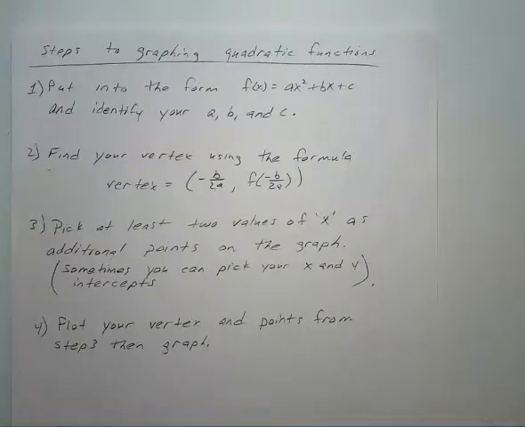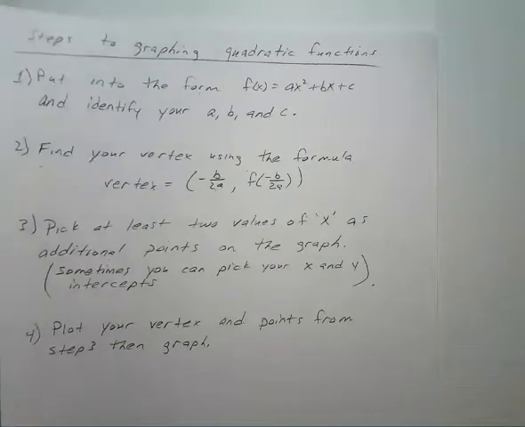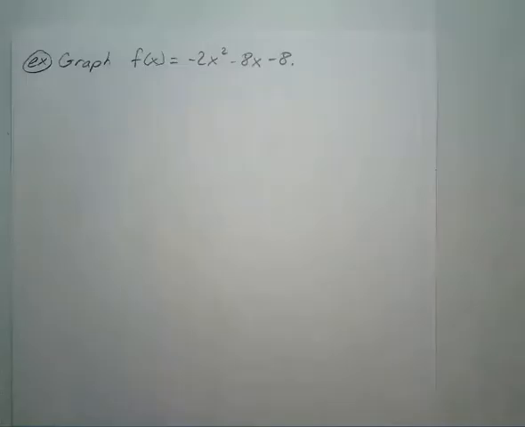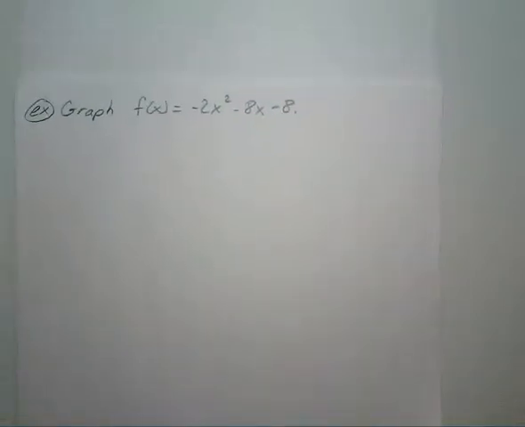If you're still writing, please feel free once again to press pause and finish up. But we're going to go ahead and look at our first example where we're going to do some graphing. What if we wanted to graph f of x equals negative 2x squared minus 8x minus 8?